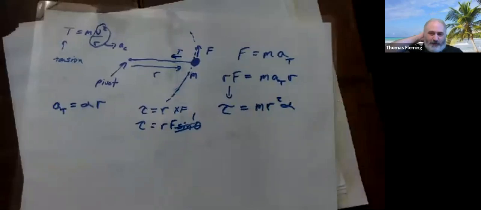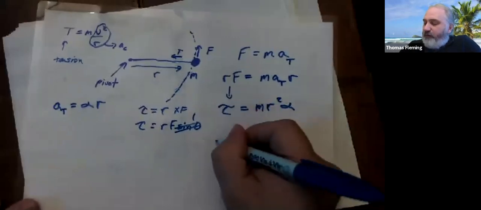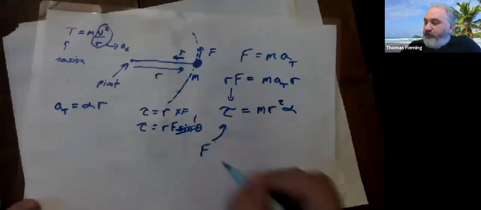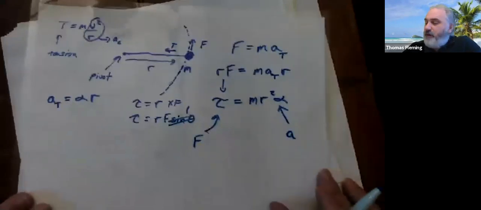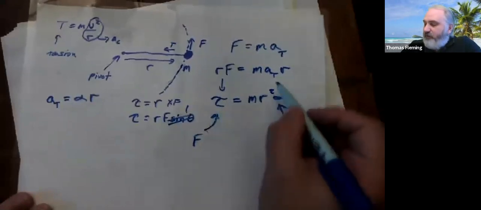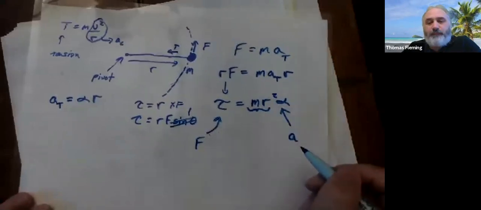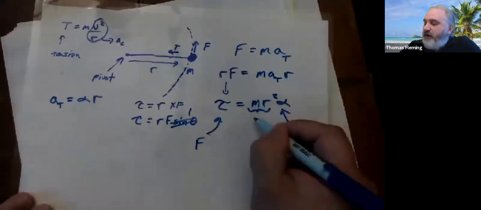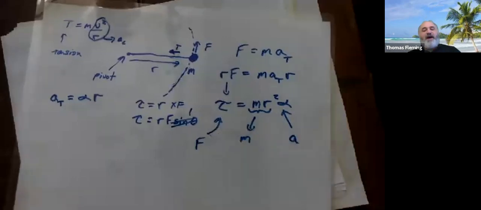And when I get here, what I notice is that I have an expression that's kind of like F equals ma, because torque is like the rotational version of force, and alpha is like the rotational version of acceleration. But notice, instead of having it be something times ma, it's multiplied by not just m, but mr squared. So this expression here is kind of like the rotational analogy to your mass.